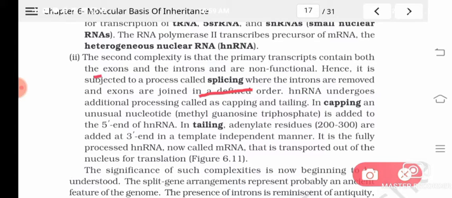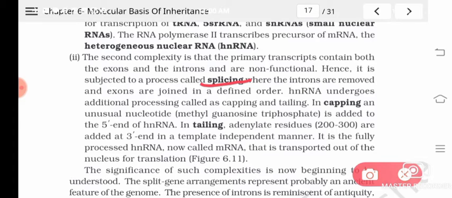I told you the cistrons have introns and exons, and introns are non-functional. So they have to be cut. That process is known as splicing. So splicing is necessary where? In eukaryotes, but there is no need of splicing in prokaryotes as they do not have any introns.